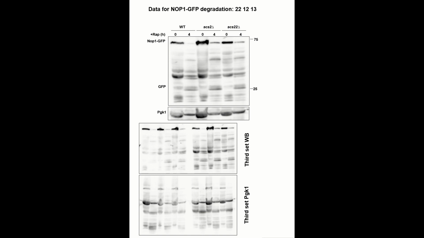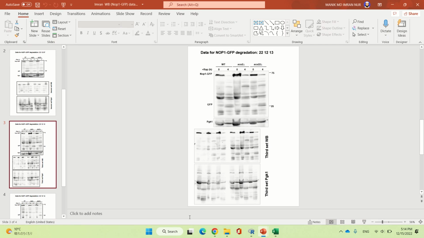So, A divided by A plus B. But this can be divided by the PGK1 value, because all of the factors contain the PGK1.